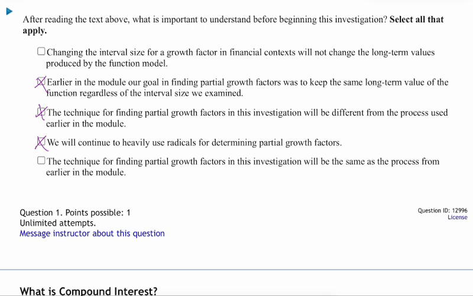Earlier in this module, our goal in finding partial factors was to keep the same long-term value of this function in the interval size we examined. That's true. I think we just need those two, the earlier and the technique. Yeah, those are the ones we want. I'm sorry about that. Okay.